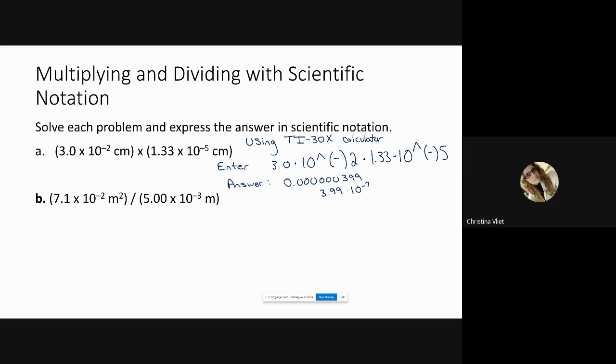All right. If you are not getting the right answer, show me your device. It's in scientific notation because I taught the classes yesterday how to do it with the calculator. There's a mistake.